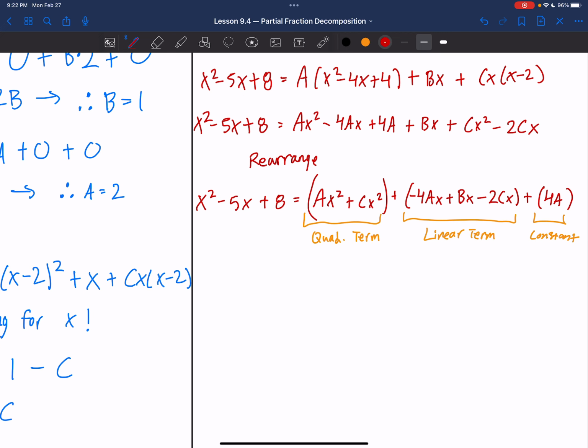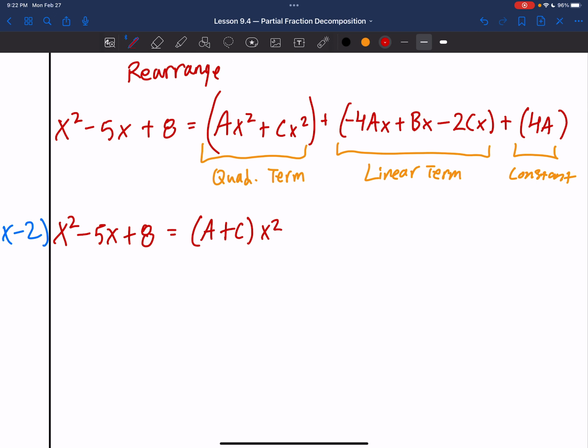And now if you factor out, x squared minus 5x plus 8 equals a plus c times x squared plus negative 4a plus b minus 2c times x plus, and then this is just some constant 4a, nothing to factor there.